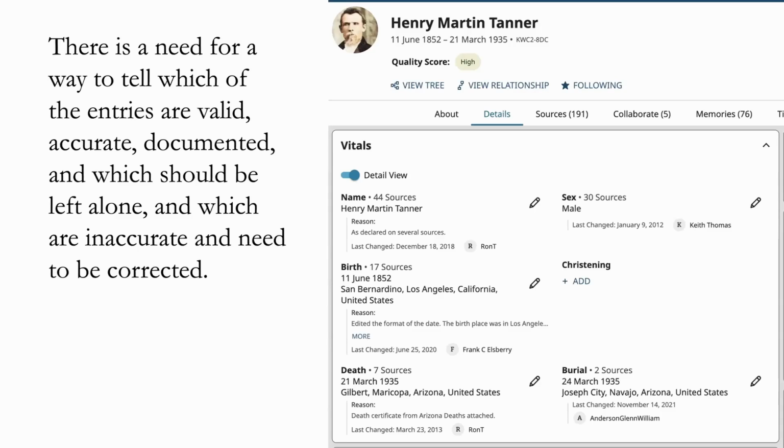I was sitting there watching Ron Tanner, who turns out to be one of my cousins, and he pulled this up, and it was my great-grandfather and his great-grandfather. So that's how this got to be one of the people that show up a lot in presentations about the family tree.